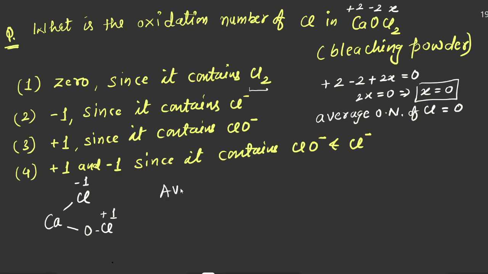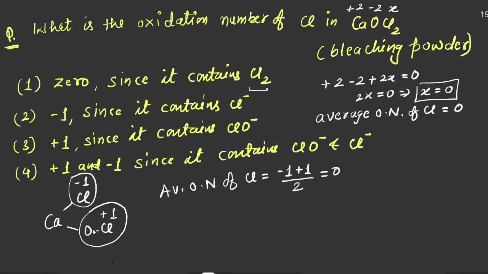So average oxidation number of chlorine is -1 plus 1 divided by 2, that is 0. But it is because it contains +1 and -1. -1 because it has Cl attached to calcium, and +1 because ClO group is there. So option 4 is correct.